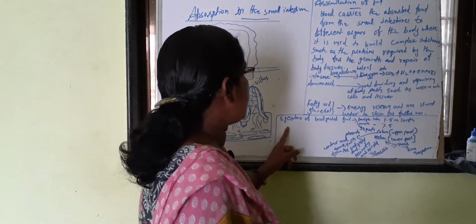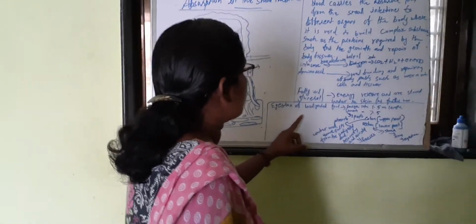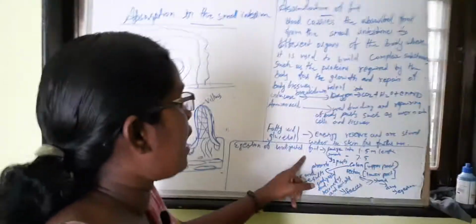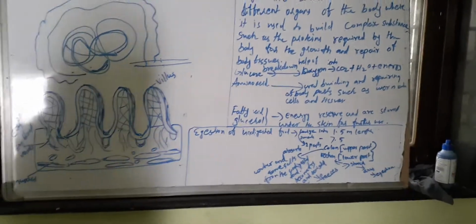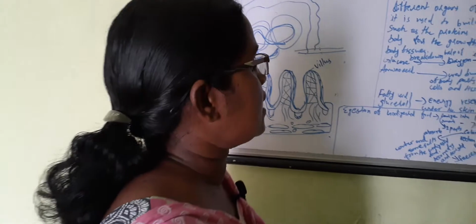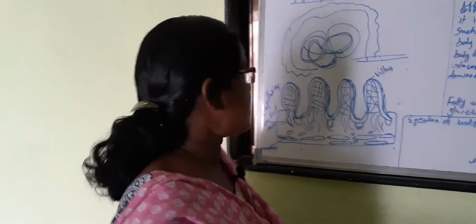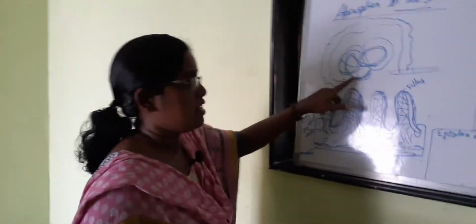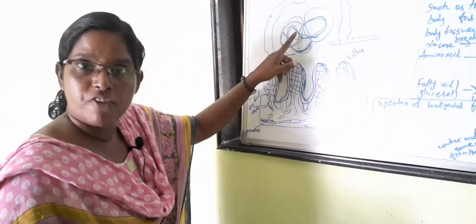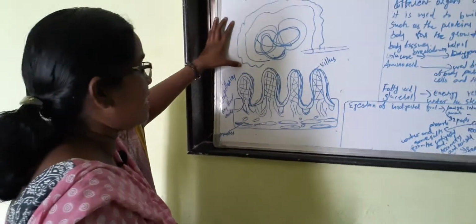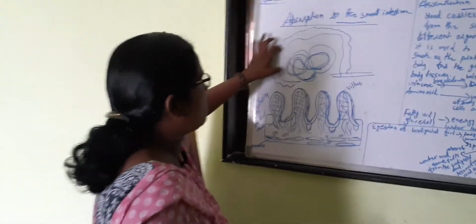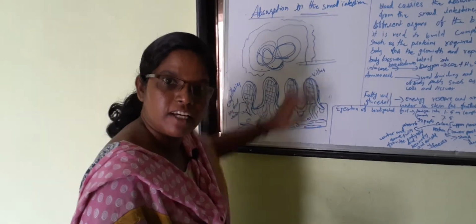Next, egestion of undigested food. Egestion means the last process of our digestive system. Where does egestion happen? In the large intestine. The small intestine is 7.5 meters long, while the large intestine is only 1.5 meters.